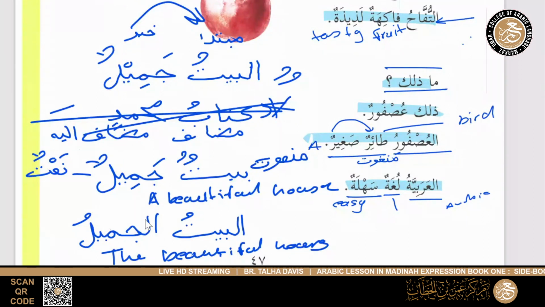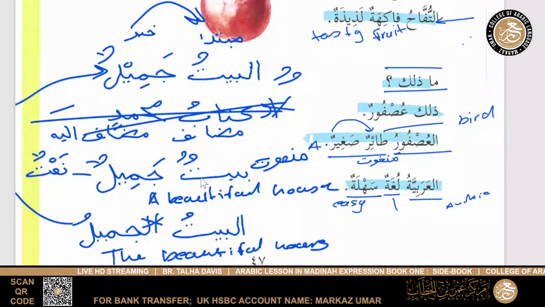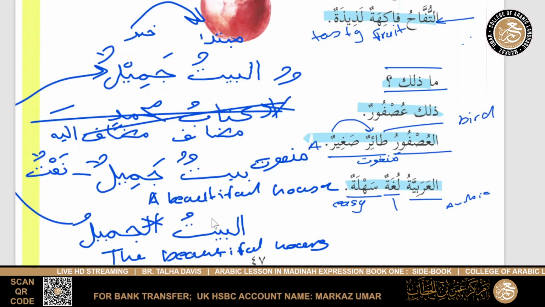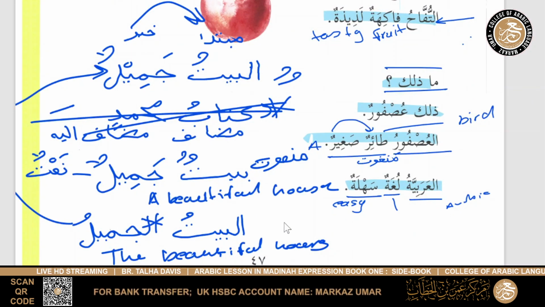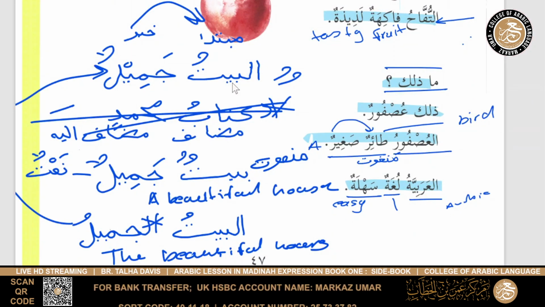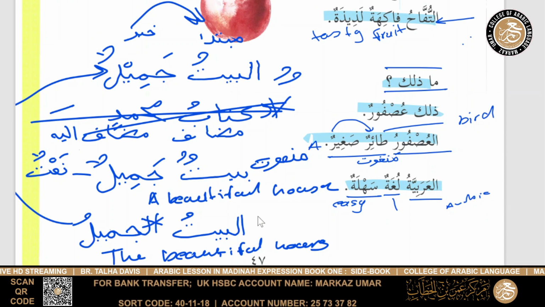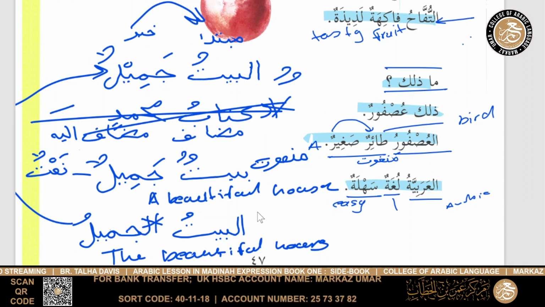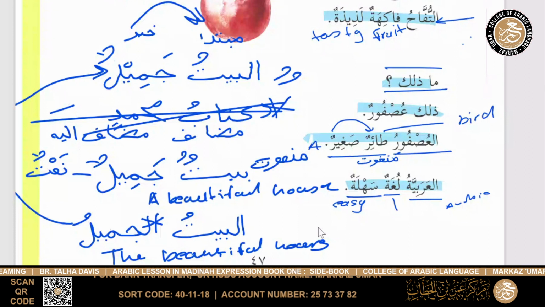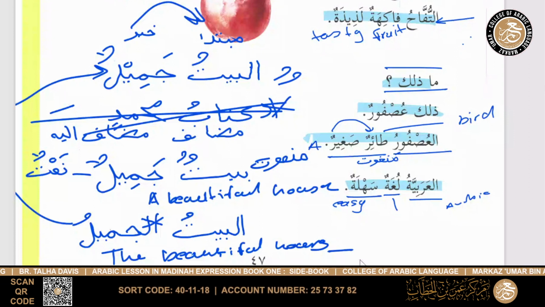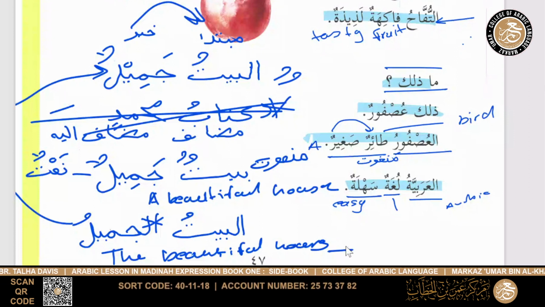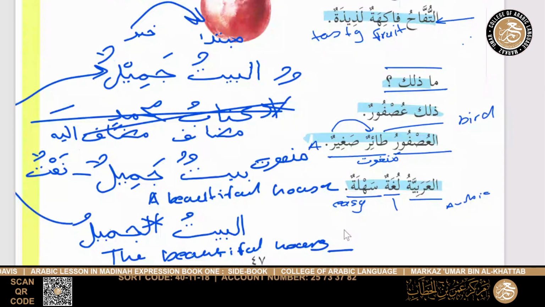See, if we didn't put alif and lam on the al-jamil, then it would mean the same as this sentence up here. Al-baytu jamilun, the house is beautiful, which is a different meaning to this one. This is the beautiful house. The house is beautiful. Okay, so what I'll do is in the group, I'll put many drills of this from now until the next lesson.